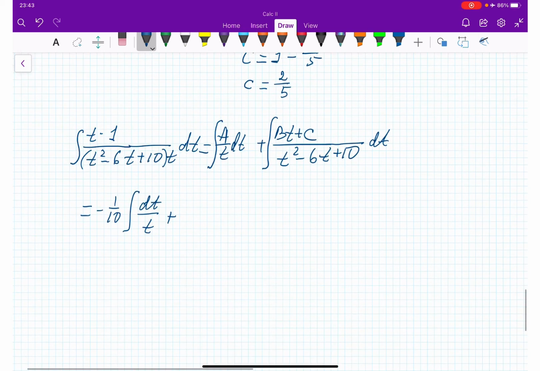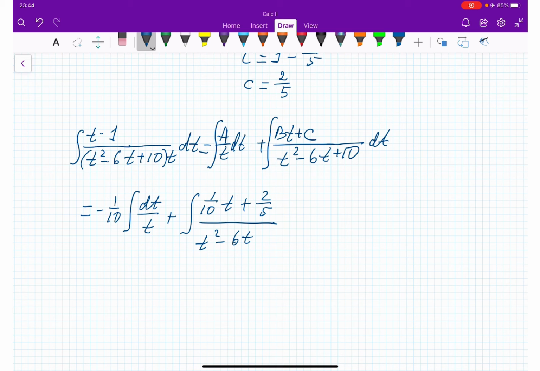B is 1/10, t plus c is 2/5, over t squared minus 6t plus 10 dt, right?